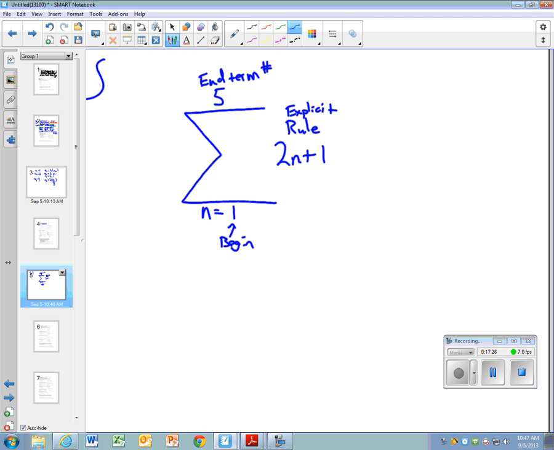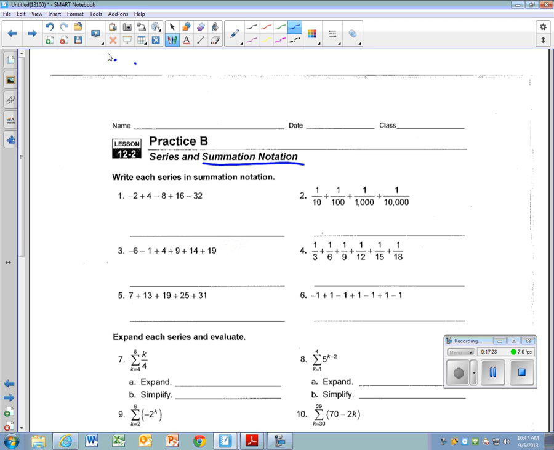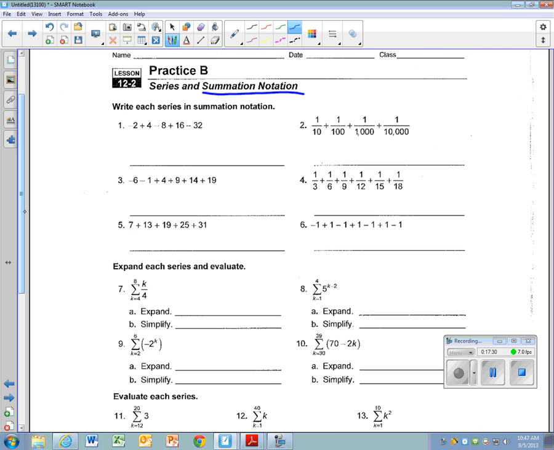Okay, so let's try one. It says, write each series in summation notation. First of all, can you identify the rule? It goes to +2, +4, or is that a -2? So it jumps back and forth between positive and negative. -2 to the n power is the rule.